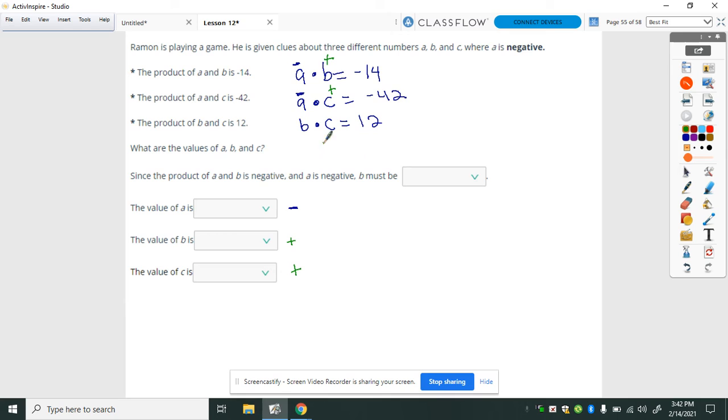Now use what I just helped you do up here to solve for each one of these to make sure it makes sense. These drop-down menus will give you choices, so use those to help you. Pause this video now and go answer number 3.